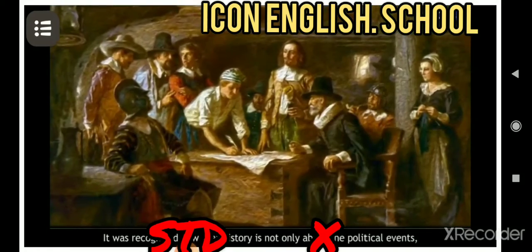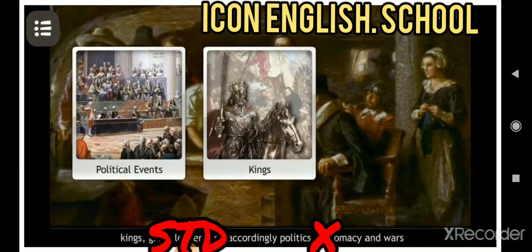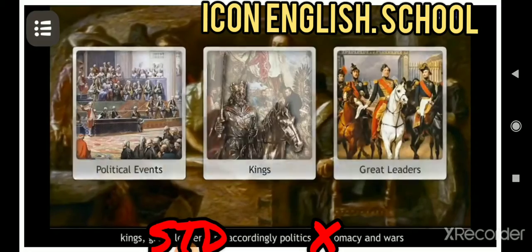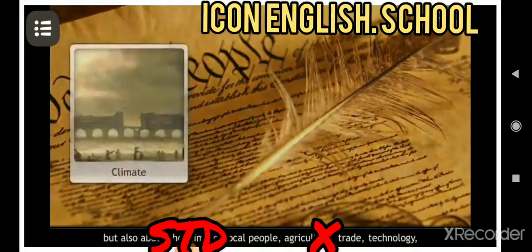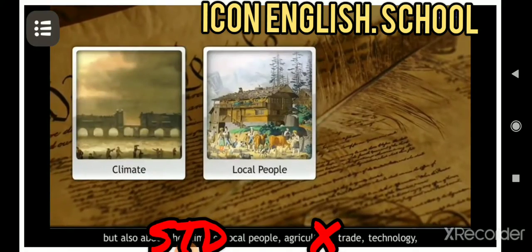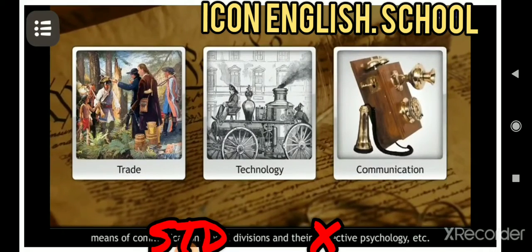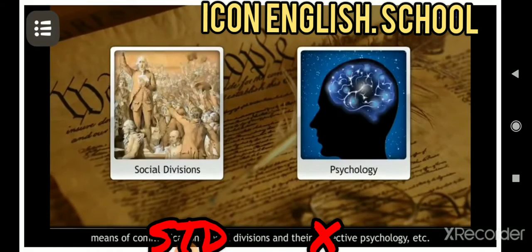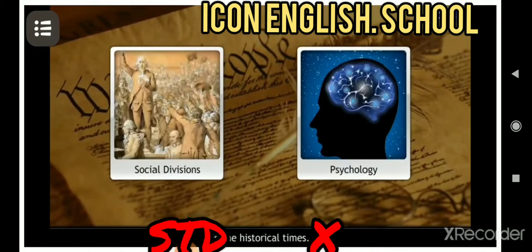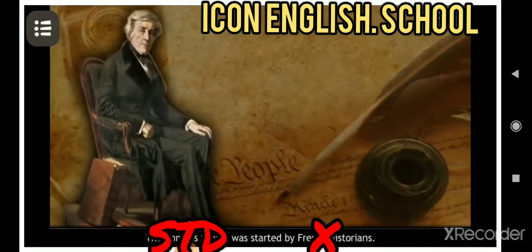It was recognized now that history is not only about the political events, kings, great leaders, and accordingly politics, diplomacy, and wars, but also about the climate, local people, agriculture, trade, technology, means of communication, social divisions, and their collective psychology, etc., in the historical times. The Annals School was started by French historians.